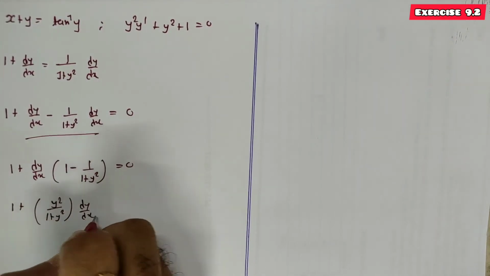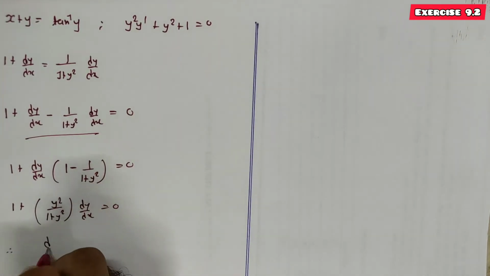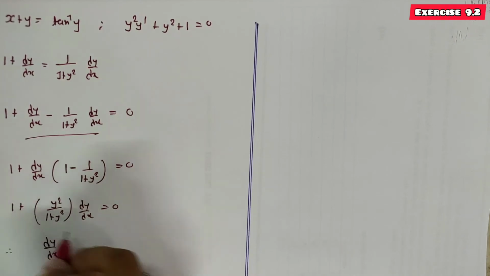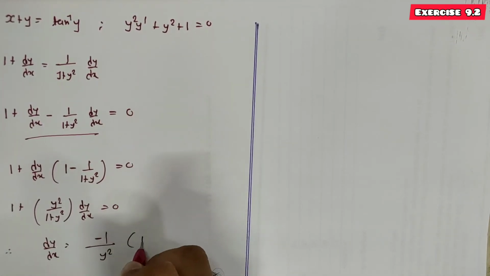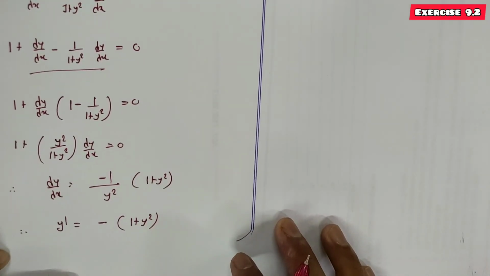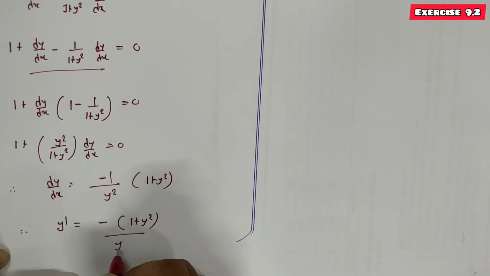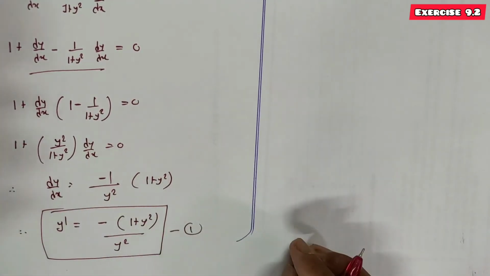So dy by dx equal to 0, and therefore our dy by dx is minus 1 upon y square into 1 plus y square. Done. So therefore y dash is minus 1 plus y square upon y square. Say this one as result number 1.